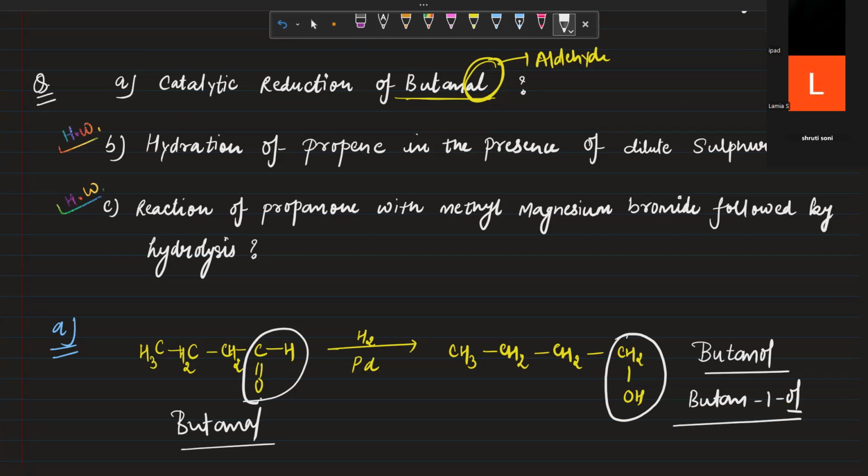The first structure, the reactant, is an aldehyde, and after that just a hydroxyl group. Yes. But I had the right idea. It's just the suffix that is wrong. Yes.